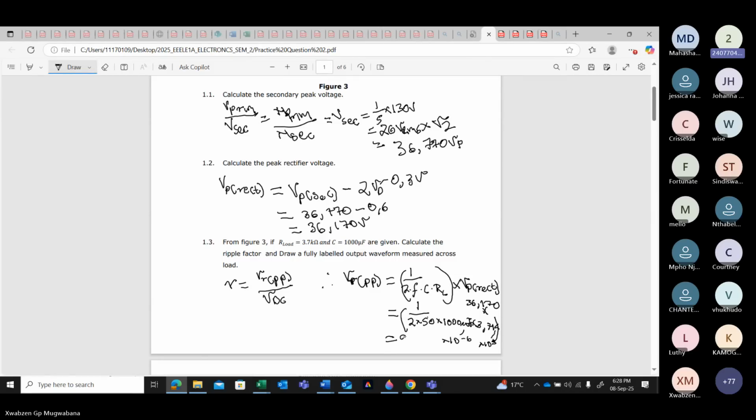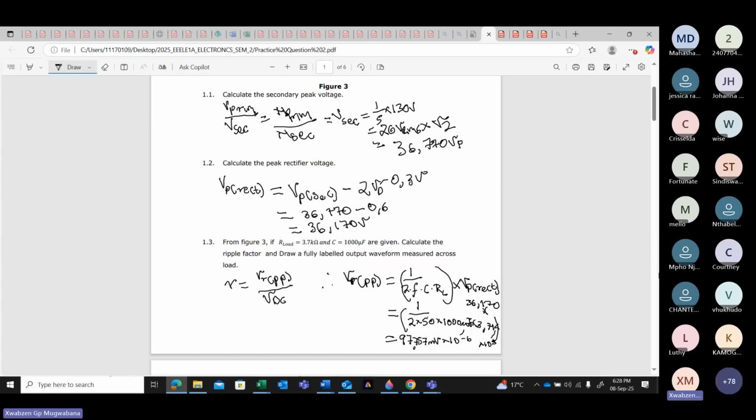That is 97,757 millivolts, which means that is your V ripple peak to peak.